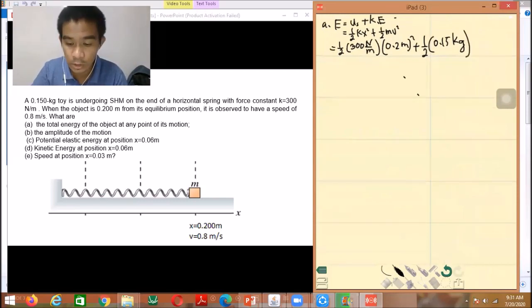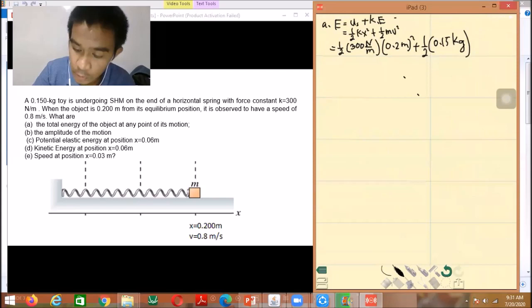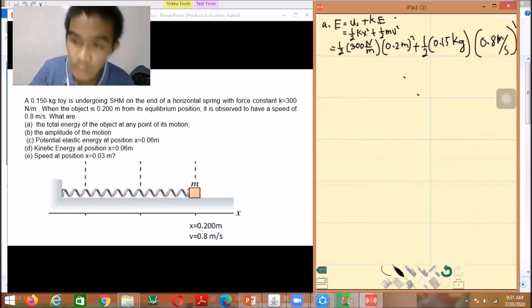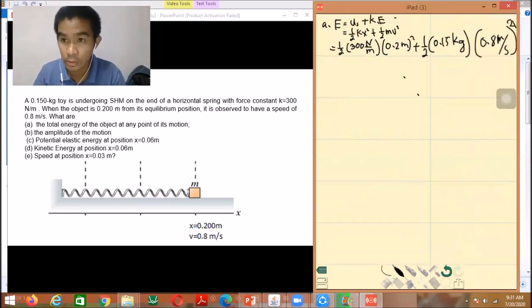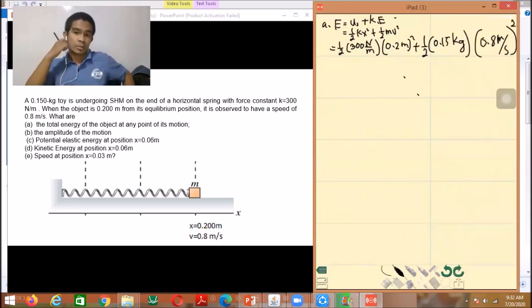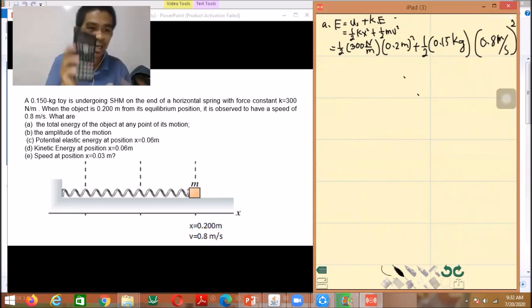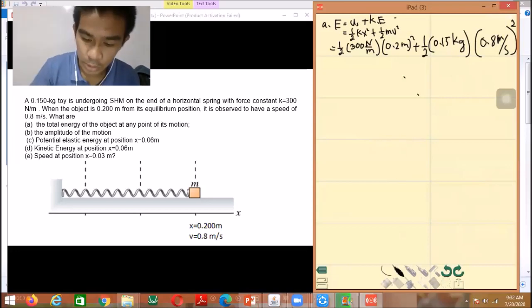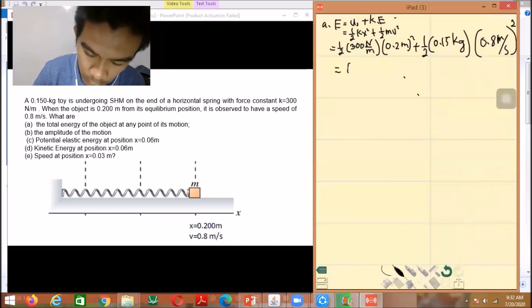We know the speed at 0.2 position is 0.8 meters per second, so 0.8 meters per second quantity squared. Using the calculator, that is equal to 6.048.